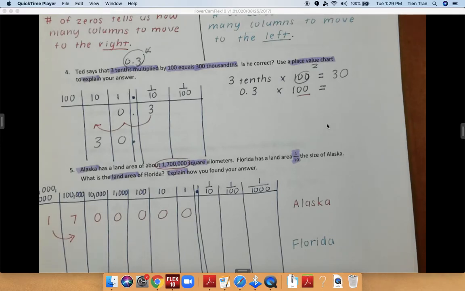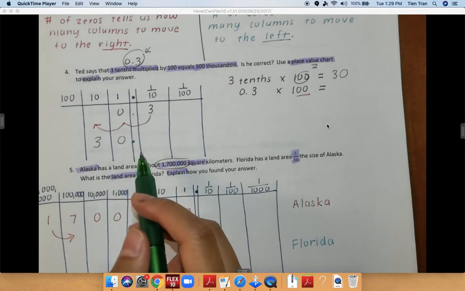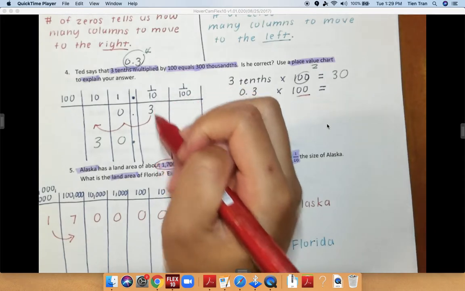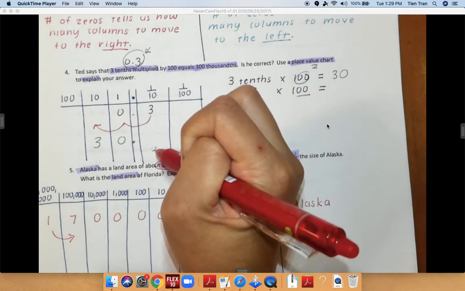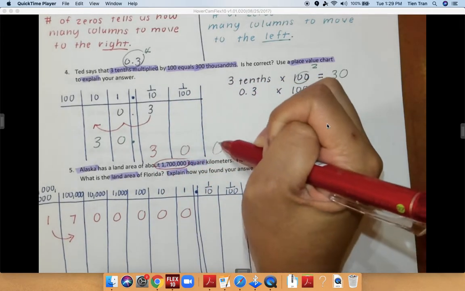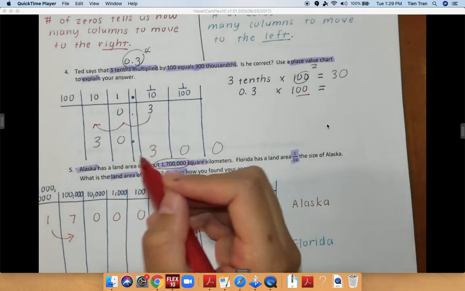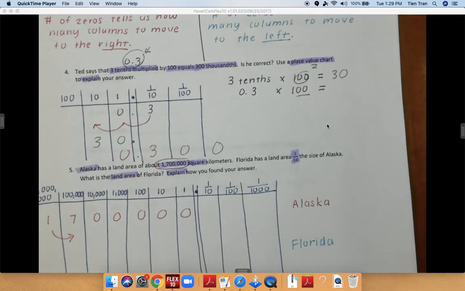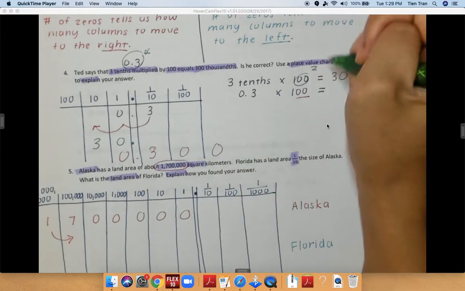Now, they want to ask me, is that equal to 300 tenths? No, it's not equal to 300 tenths. Because what would 300 tenths equal? 300 tenths, I would put my 3 right here and then add my 2 other zeros, right? It would be 0.300. So that would be 300 tenths. This is not 300 tenths. This is 30. Right?